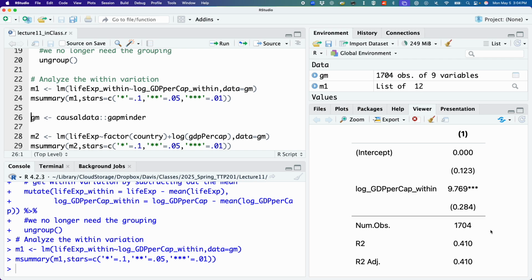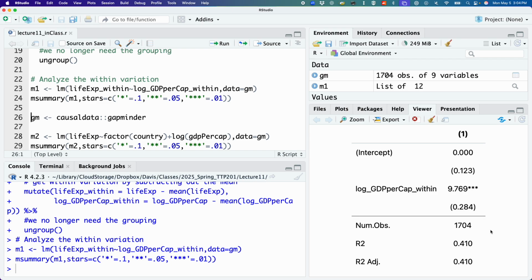And when you do that, you come out with this result, which is basically saying for every percent increase in my GDP per capita, the average life expectancy goes up by like 9.7 years. Or maybe the log of that. Yes, that's right.